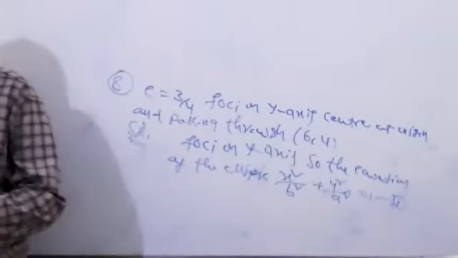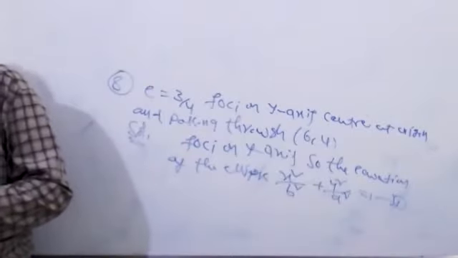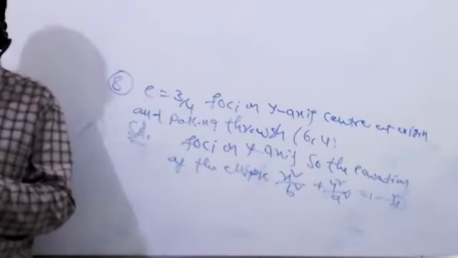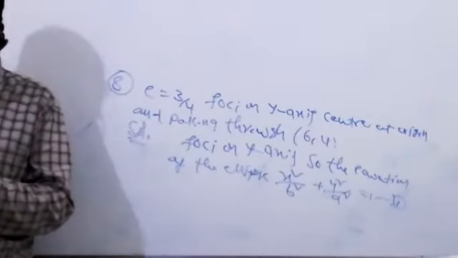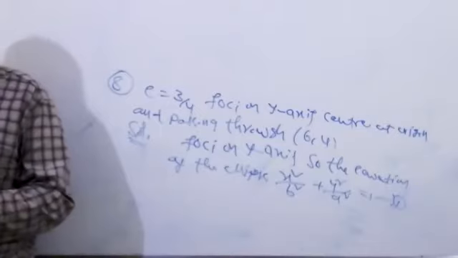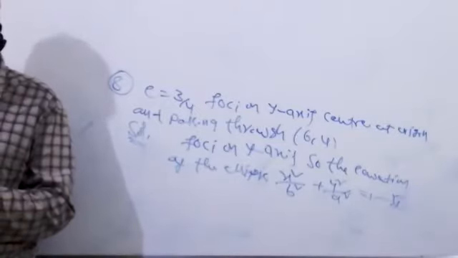Sir, Mona Lisa. So after getting the value of a square and b square, can we substitute? Yes, sir, substituting. A square is equal to 688 upon 7. Okay, sir.